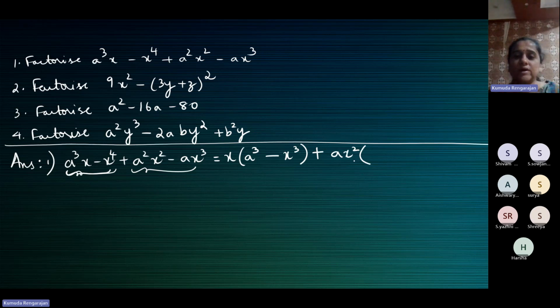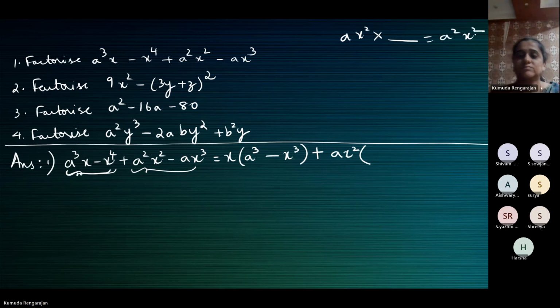Now ax square into what will give you the third term a square x square? A to the power 2. Sorry. It's A, ma'am.